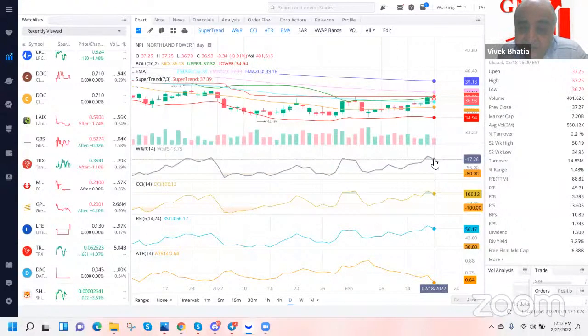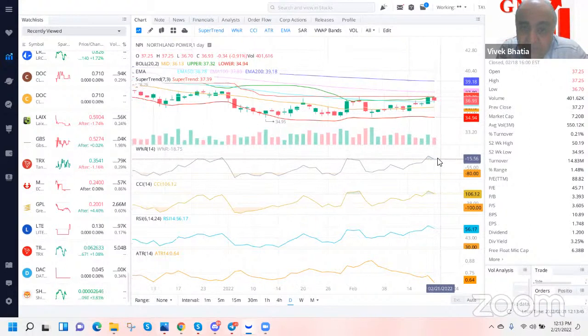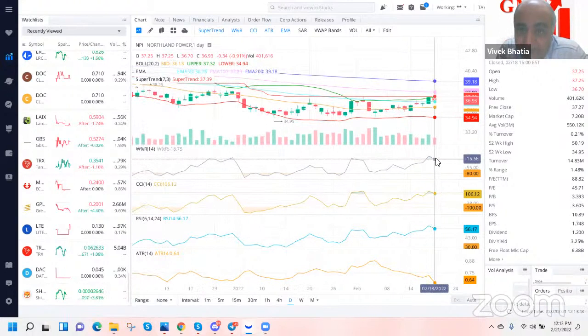But your indicators are overbought, so a correction is around the corner. And as the market is expected to correct, this will also correct along with it, though it has currently moved against the market trend. But the ideal buying point is 35.20, 35.40.